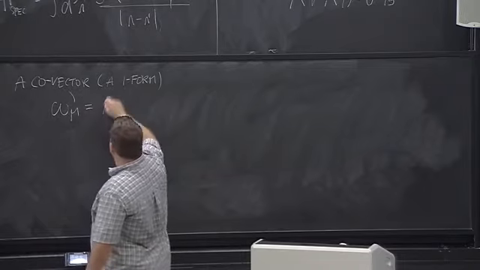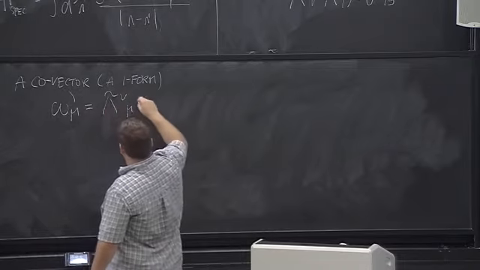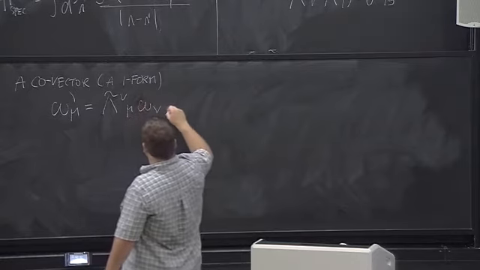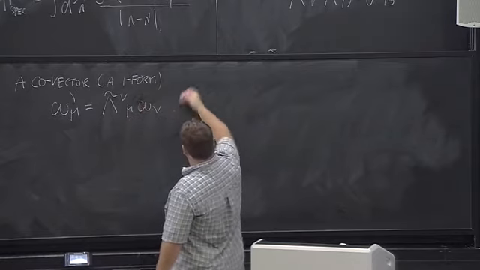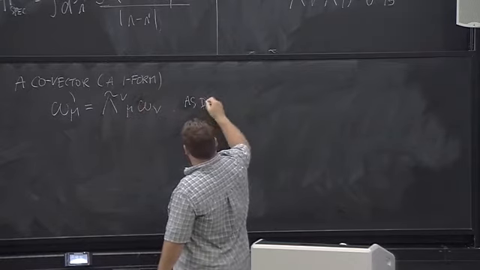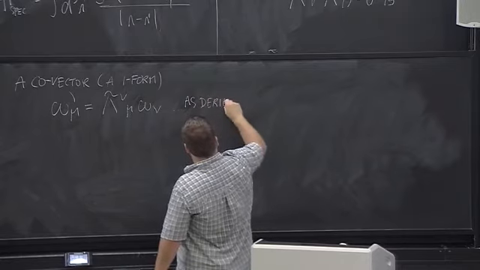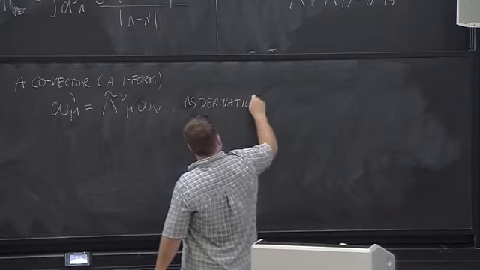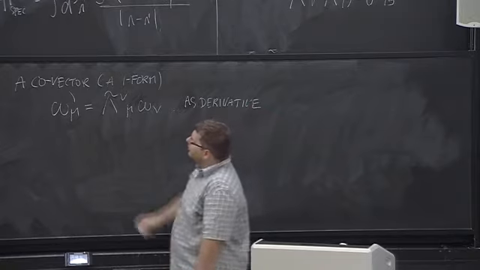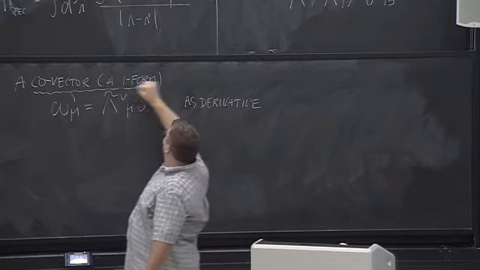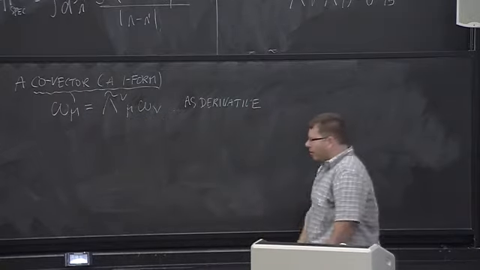So it's given by lambda tilde nu mu omega nu, as derivative. That's your definition. You call an object a covector or a one form if it transforms this way.